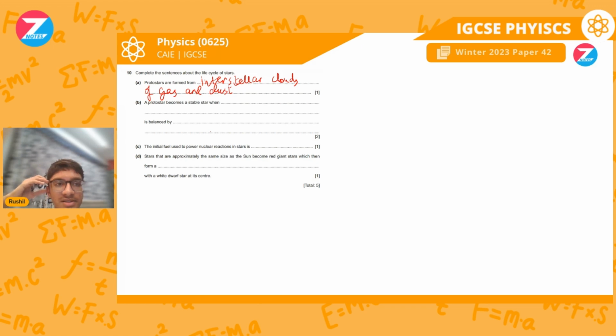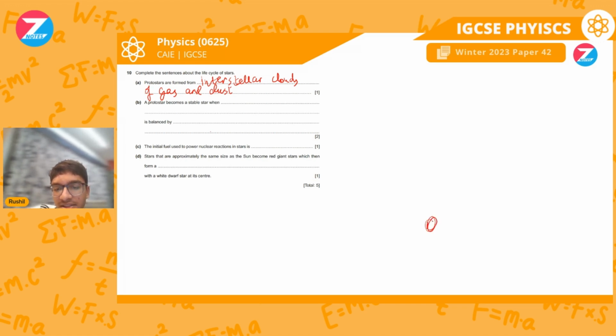A protostar becomes a stable star when dash is balanced by dash. So once a protostar forms and these clouds of gas and dust assemble together, there are reactions at the core which exert a radiation pressure outward, so the stars increase in size. But as they form a large mass, the gravitational pull of these stars also increases, which is inward.